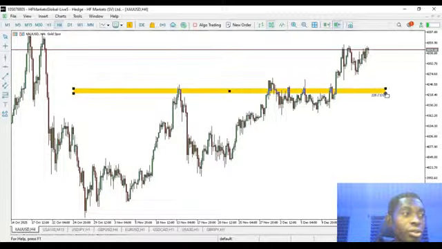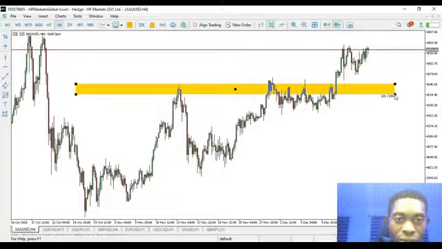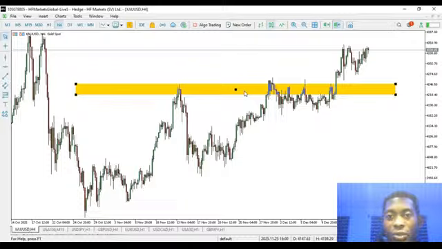This is how you draw it on your screen, and then you look at, for example, where price was rejected here. In those days, this is what I used to draw. The last candle, from here to here, I'll draw it and see the price reaction in the future.